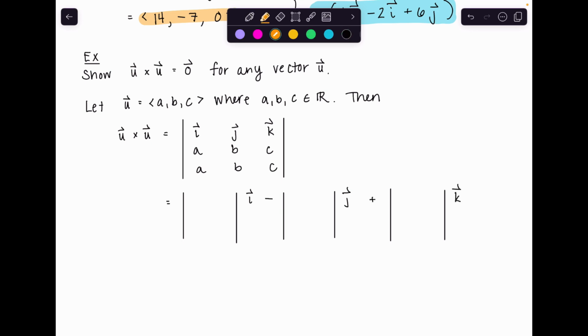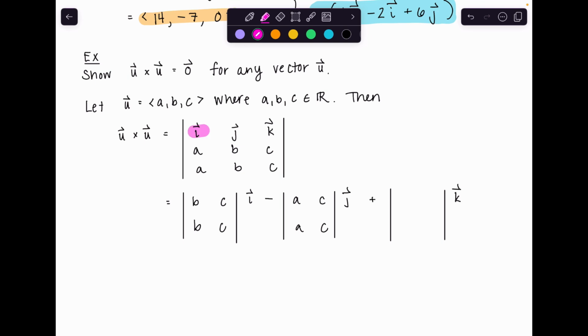And especially when we start to get more complicated determinants, when they're involving functions, this approach tends to work a little bit better. So for my first one, I strike the first row and first column, and that leaves me with bc, bc. Then I strike first row, second column, that leaves me with ac, ac.